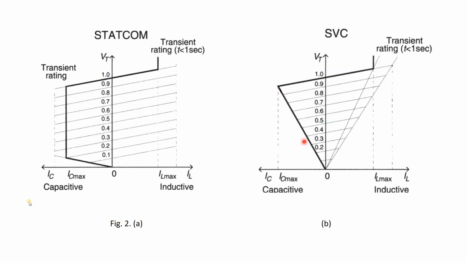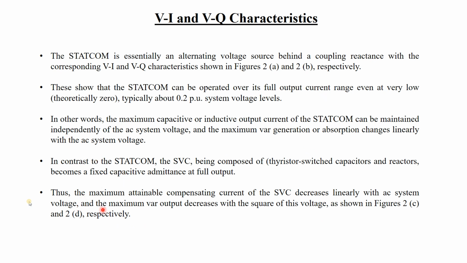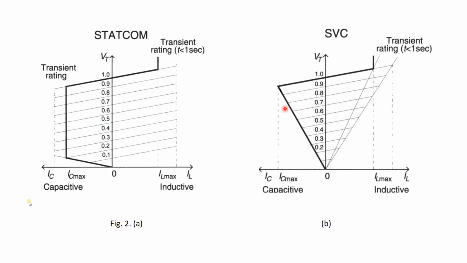So as the system voltage decreases, the current also decreases. But here, as the system voltage decreases, the capacitive current is fixed. And the maximum VAR output decreases with the square of the voltage, as shown in this figure. Since in SVC the system voltage is decreasing, the current is also decreasing.